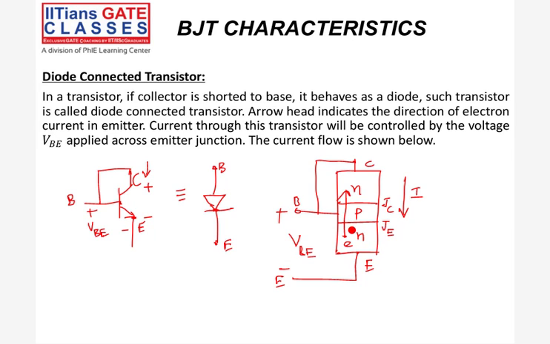These electrons then cross the collector junction due to the built-in potential, because there is no other potential between collector and base. If no external potential exists here, it has only its internal potential, that is, the built-in potential.